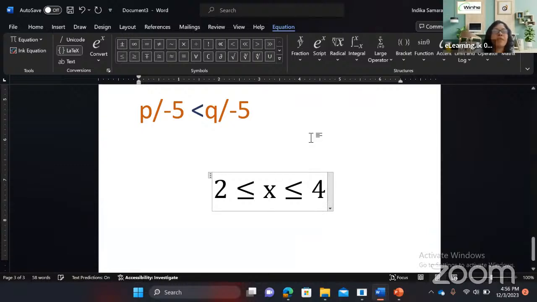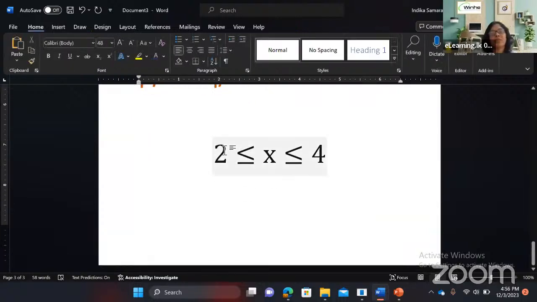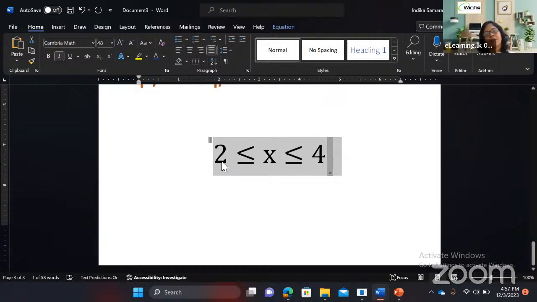I will put the equation. When you have something written in this form, how do we read this? This is representing an interval.